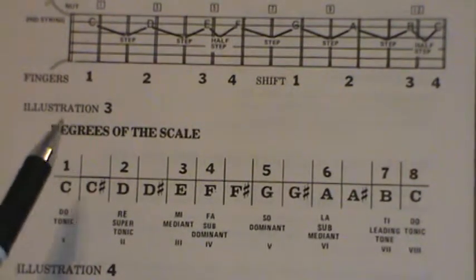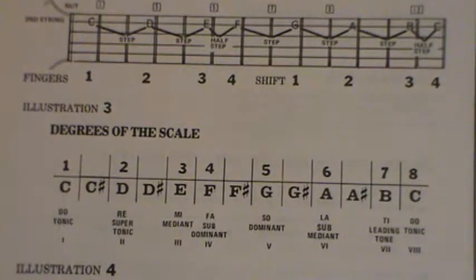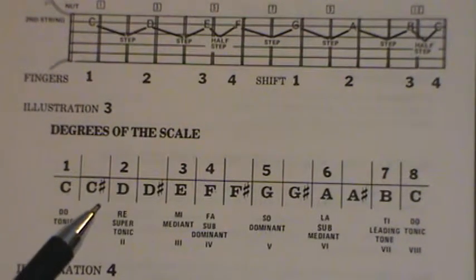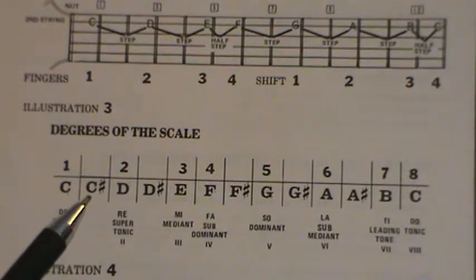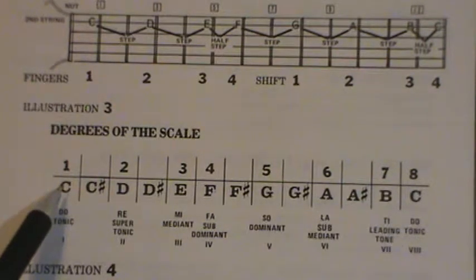Let's say in the key of C, you're playing a 12-bar blues. You've got the chart, okay? You're in the key of C, and you have 3 chords in the key of C that you're playing. How do we arrive at those chords? How are they selected?